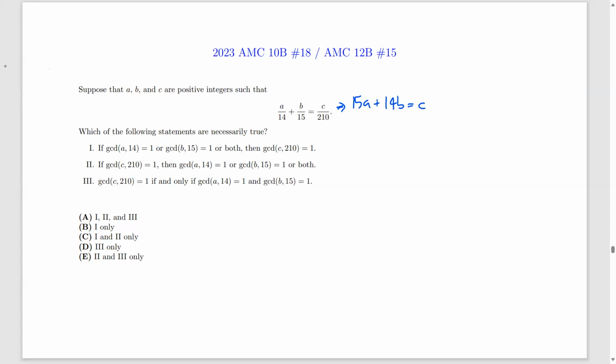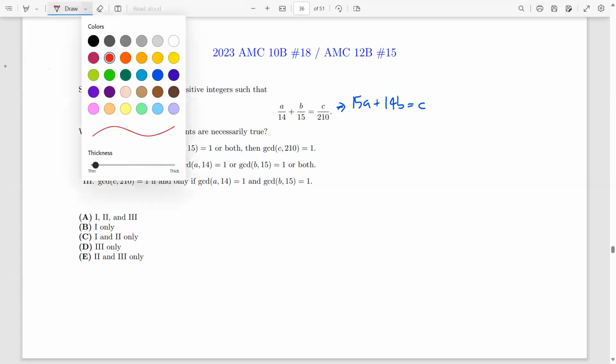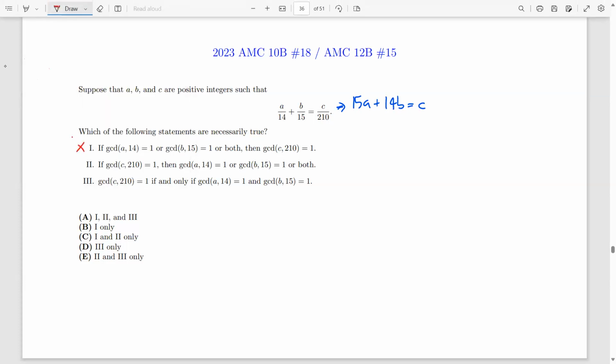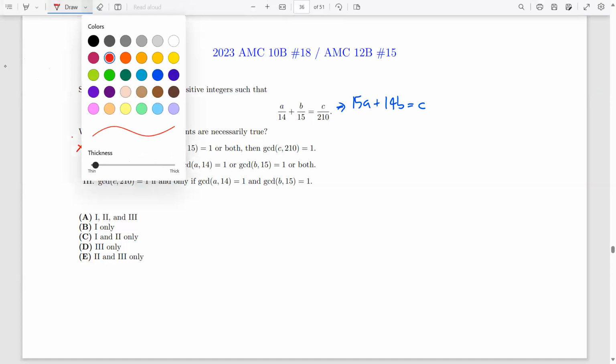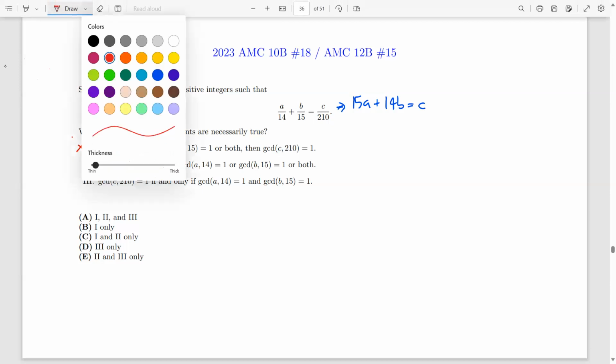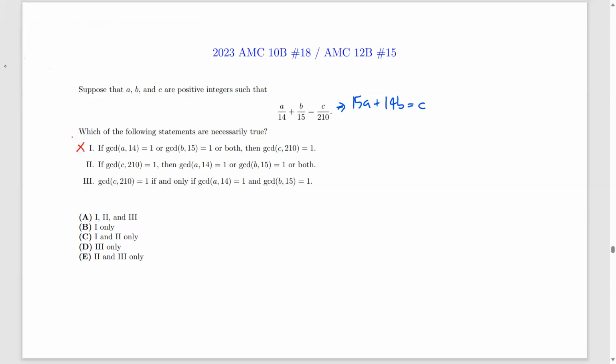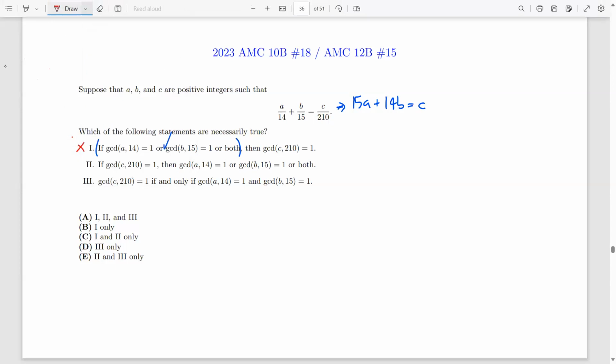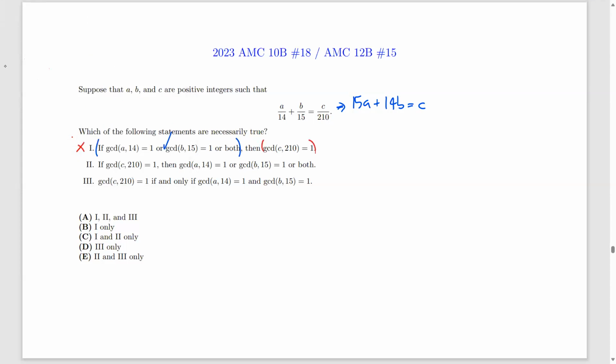Now let's look at statement 1. We're actually going to disprove statement 1 by finding a counterexample. Now, what does a counterexample to an if-then statement consist of? We're going to need to find a, b, and c such that this equation is satisfied. Moreover, we're going to need the antecedent, or the if statement, to be true and the consequent, or the then statement, to be false.